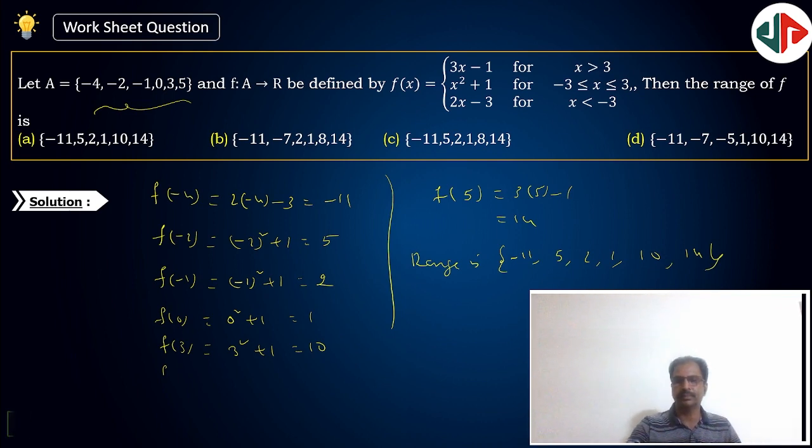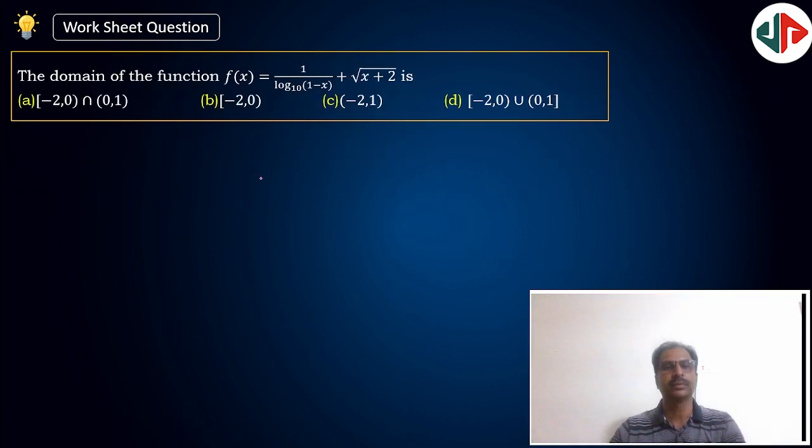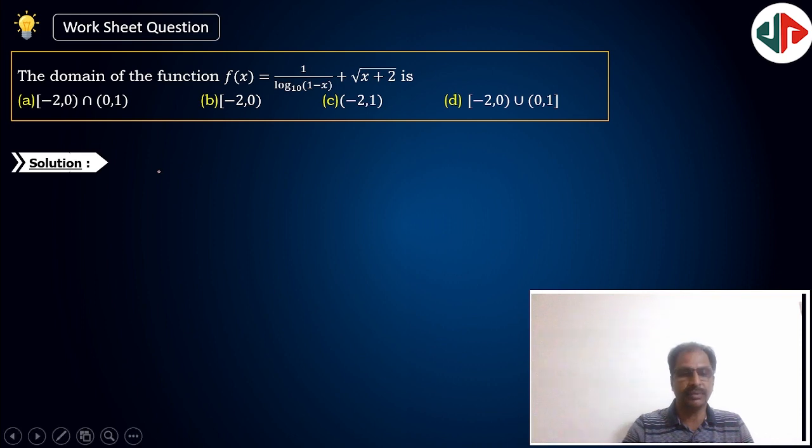Option A. Next question. The domain of the function. Again we have the sum of two functions, so find individual domains and then the intersection of both. What is the condition for the first function? Log of 1 minus x base 10 should not be 0, and 1 minus x should be positive.